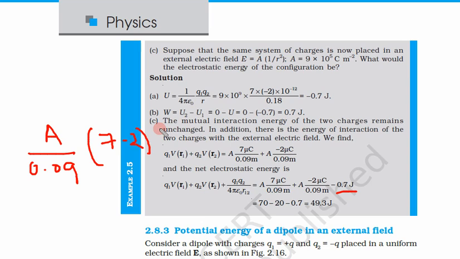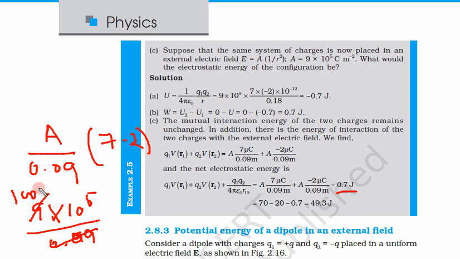Let us calculate this term. What is A? 9 into 10 to power 5. So 9 into 10 to the power 5 upon 0.09. So this cancels out. This will become 100. 2 powers of 10 are here, 5 are here. So 10 to power 7.